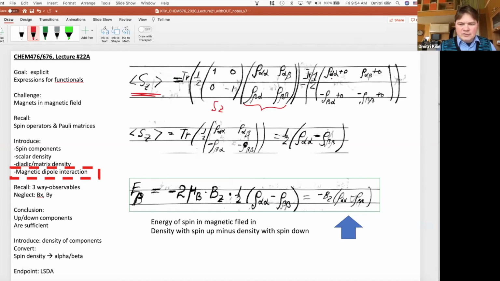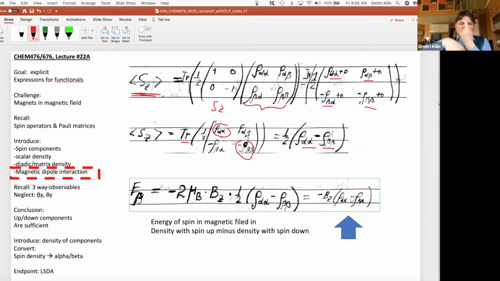If I do it carefully, I get rho alpha alpha and rho beta beta on the diagonal, and then rho alpha beta and rho beta alpha off diagonal. And then when I perform the trace operation, which means I add together the diagonal elements, I will obtain rho alpha alpha minus rho beta beta.